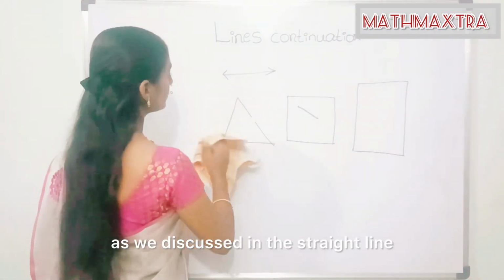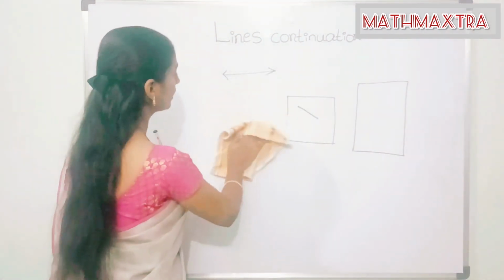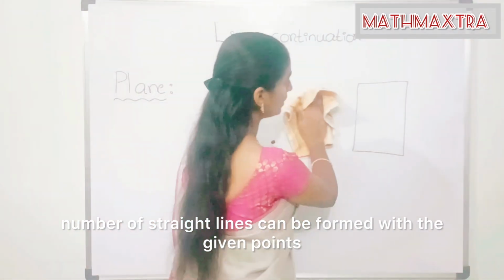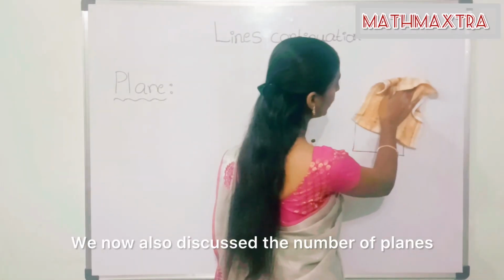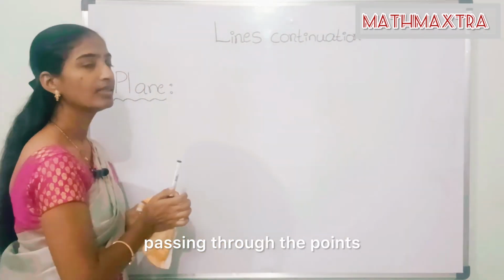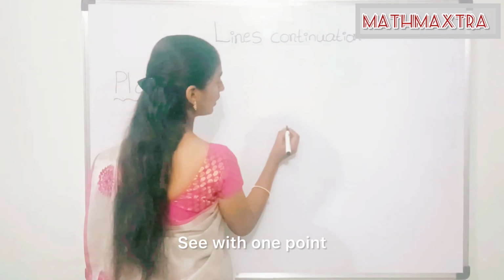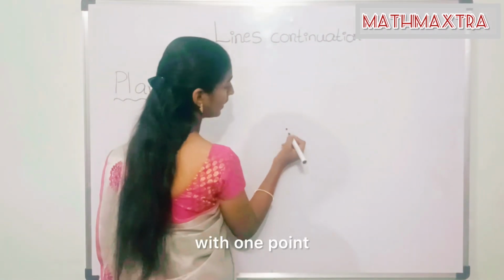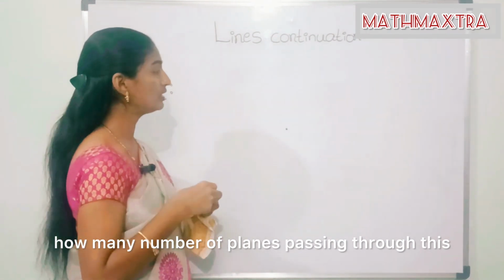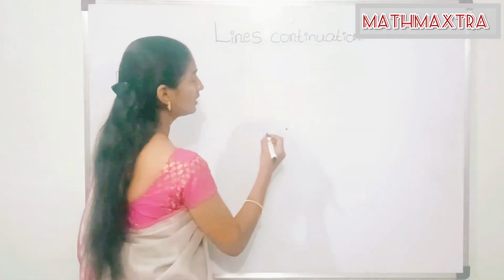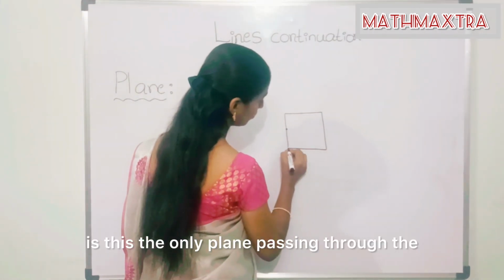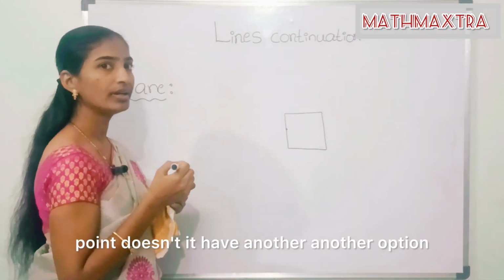So as we discussed the number of straight lines that can be formed with the given points, we now also discuss the number of planes passing through the points. See, with one point, how many planes pass through it? Is this the only plane passing through the point?